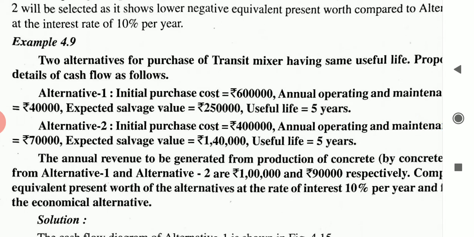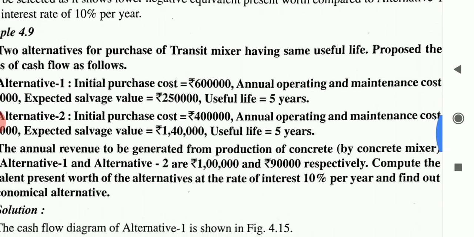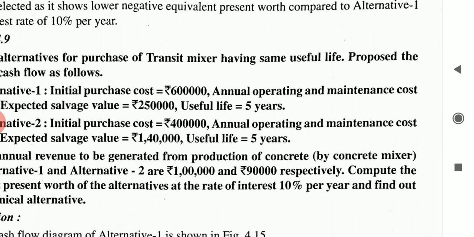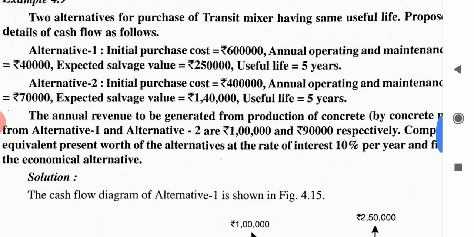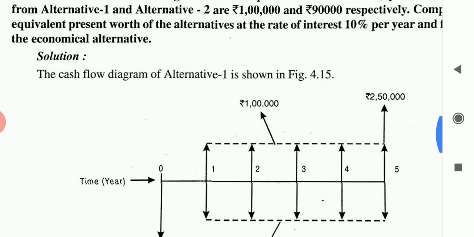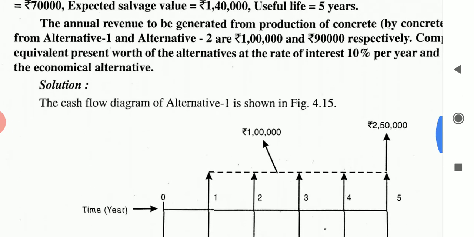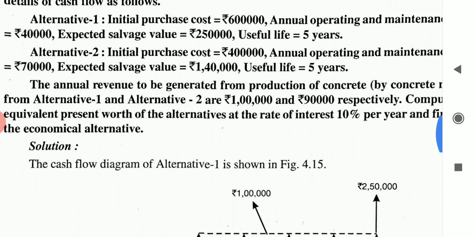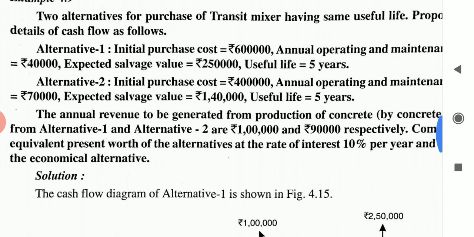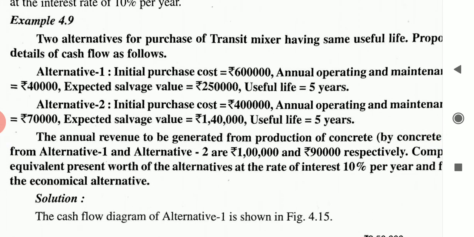The next problem is: two alternatives for purchasing a transit mixer having a useful life. Same method, we have to calculate it, but only in these cases he gave alternatives 1 and 2.